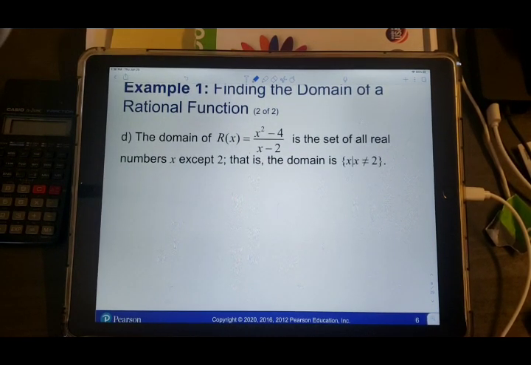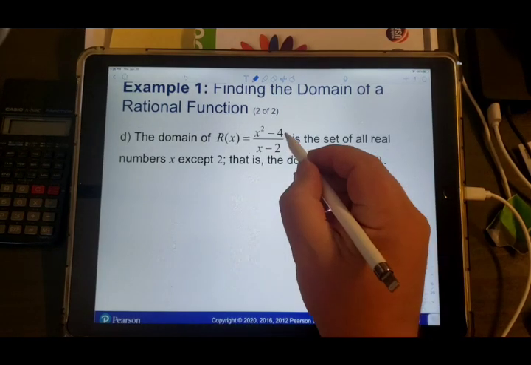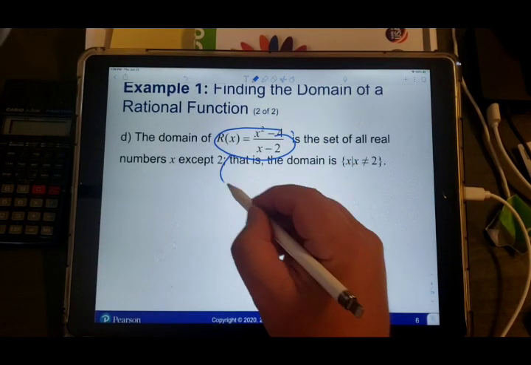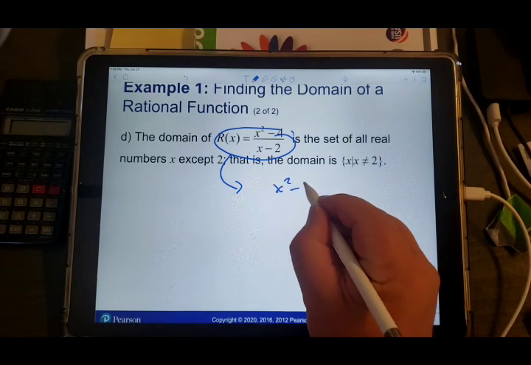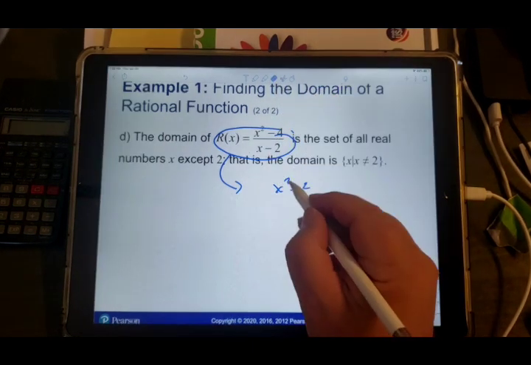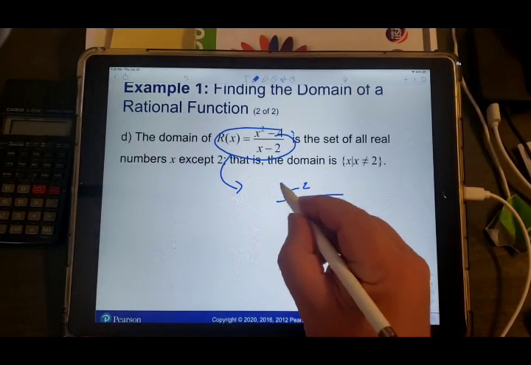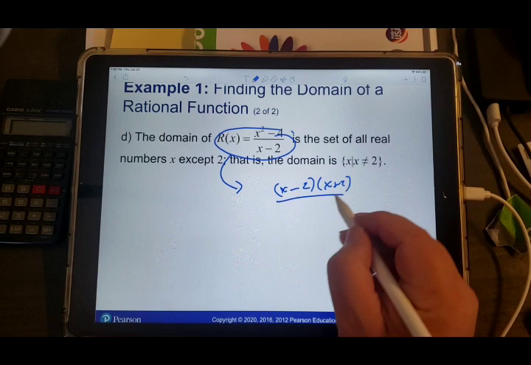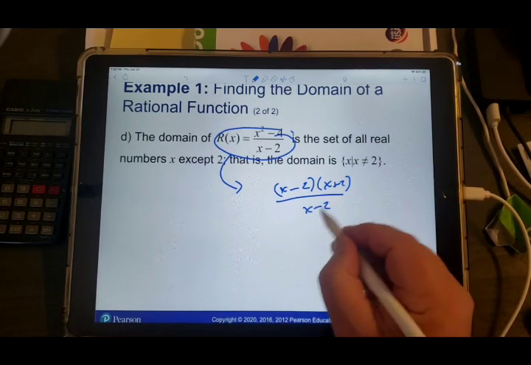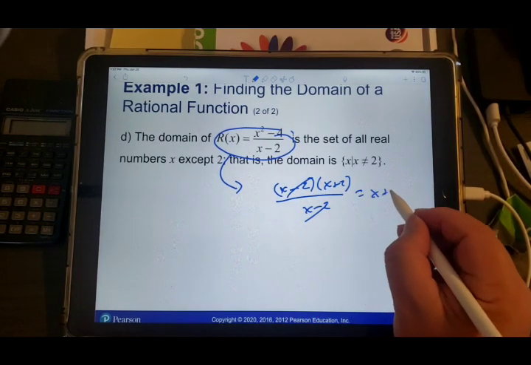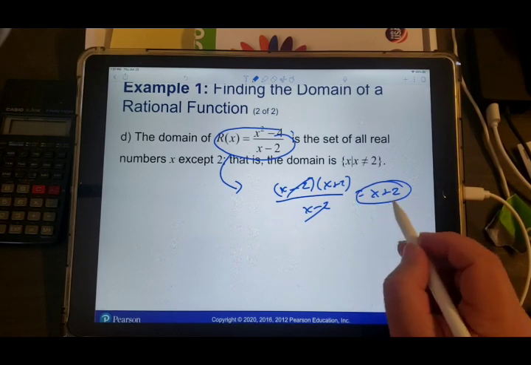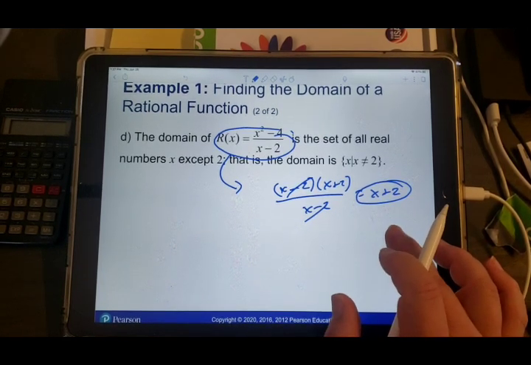I'm a little concerned about this example because personally I wouldn't say it's a rational function. And the reason why I say that is once we simplify it, get rid of that 2, by factoring, we just get a linear function, meaning it's a function without a denominator.